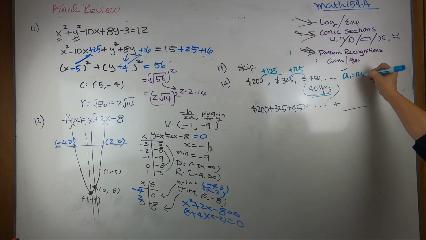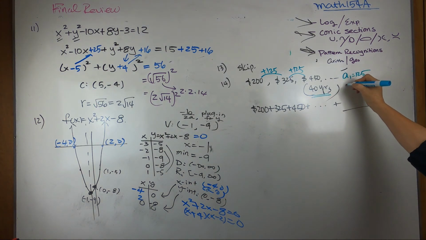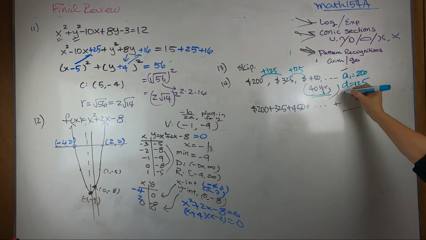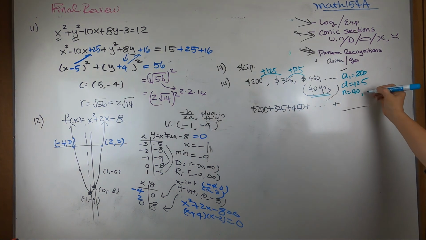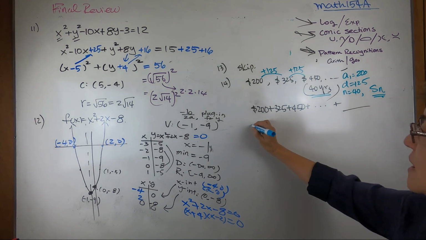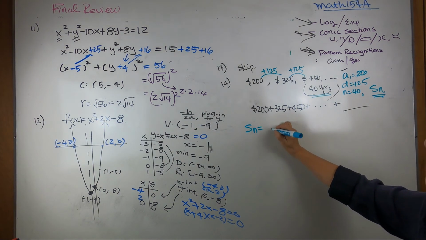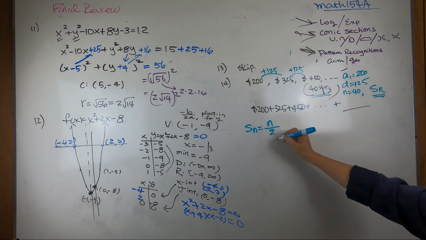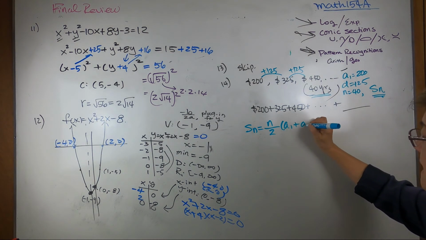A1 is 200, common difference 125. N is 40, right? We want to find the Sn. So what's the formula for Sn? Sn for an arithmetic sequence is n over 2 times a1 plus an.